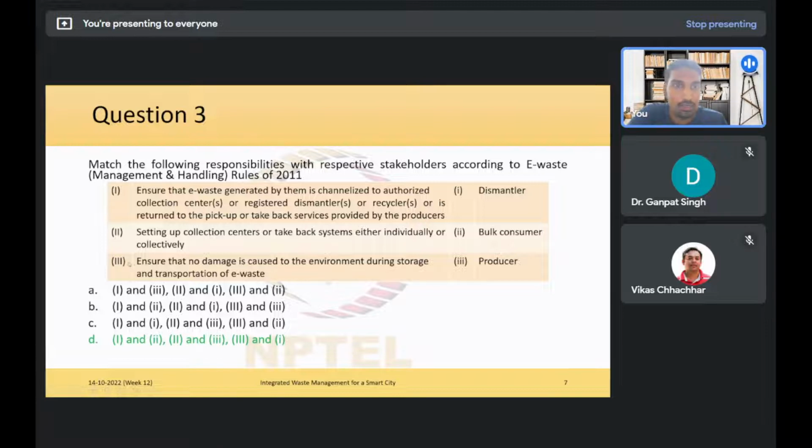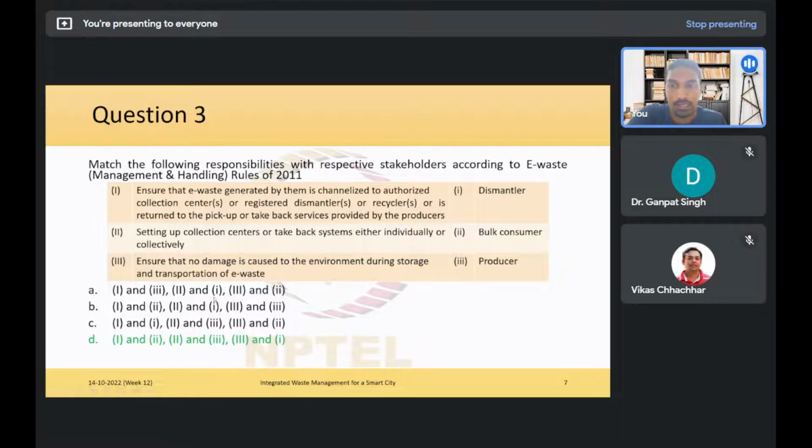So option 3 should be matched with option 1, and then only one is left, which is ensure that the e-waste generated is sent to the authorized collection centers, dismantlers, or recyclers, or returned to the collection centers or the take back services established by the producers, right? So the bulk consumers, they have to make sure that they are returning the e-waste to the proper authorized facilities, right? So option 1 is matched with option 2.